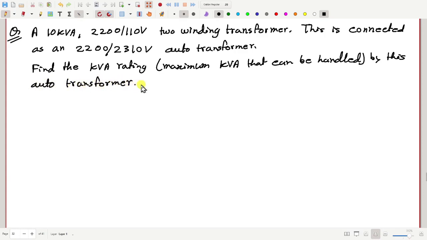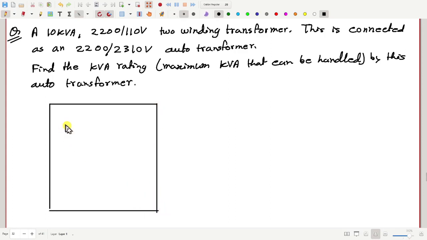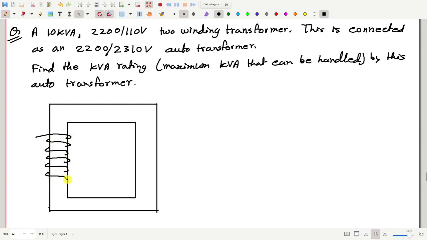What does this question mean? It means it's like this. Suppose I have a normal two winding transformer. Here is one winding, suppose this is the 2200 volt winding, and here is another winding.